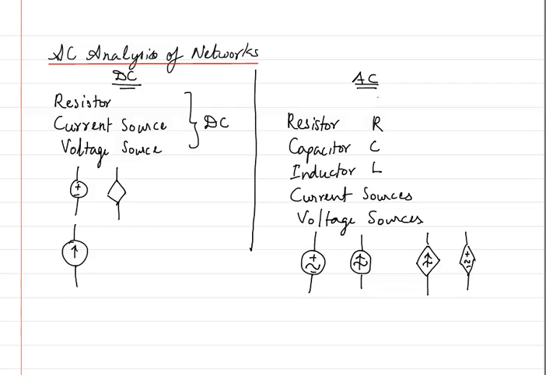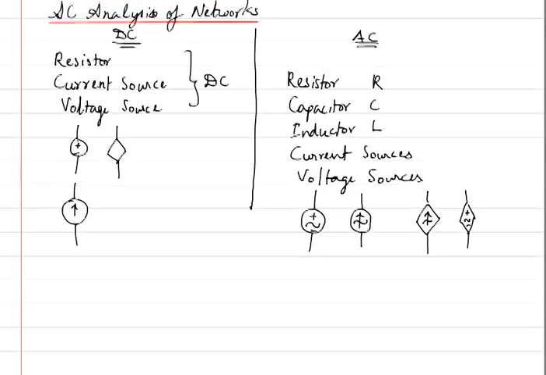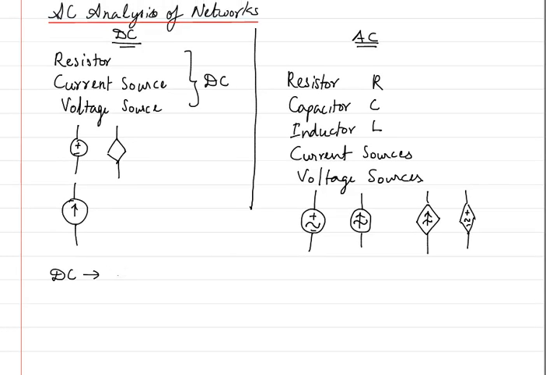So what is AC? AC is alternating current and DC is direct current. What you have to basically understand is, in DC, the current flows only in one direction. You may be saying, no, we have seen that in the circuit it may flow in this direction or in the opposite direction.